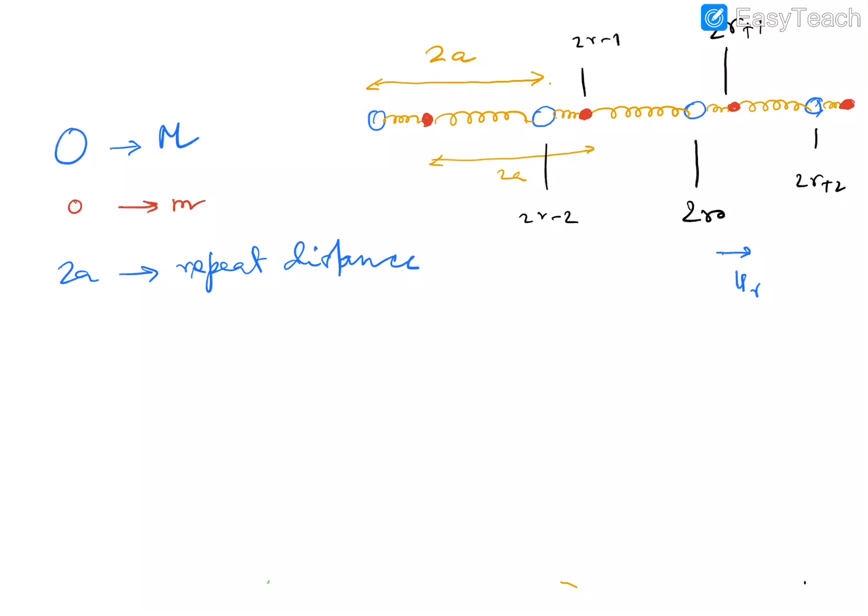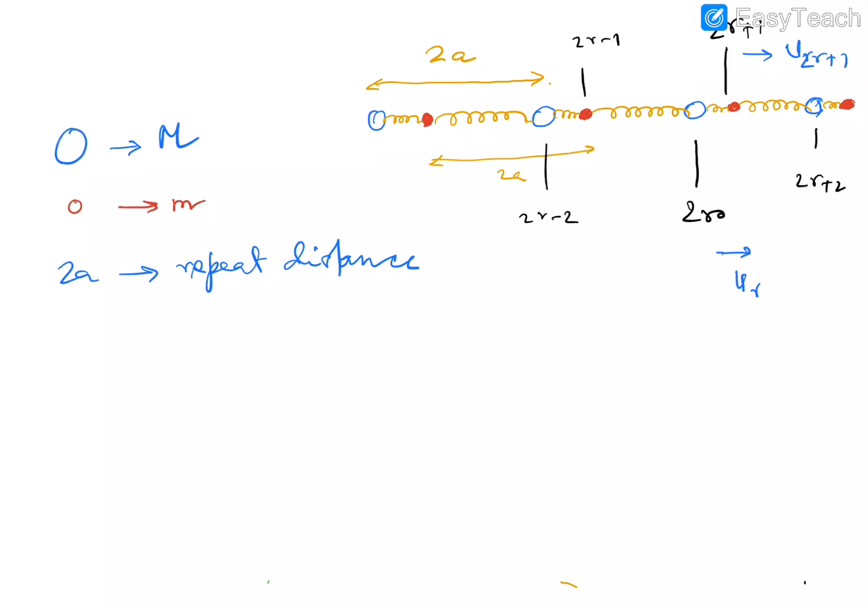There are two atoms at each lattice point undergoing longitudinal oscillations, and the edge atoms are clamped. We know it for a single atom basis, for the monatomic lattice, and now we are considering the diatomic lattice. So this is u_2r, and this will be u_2r plus 1, and so on.